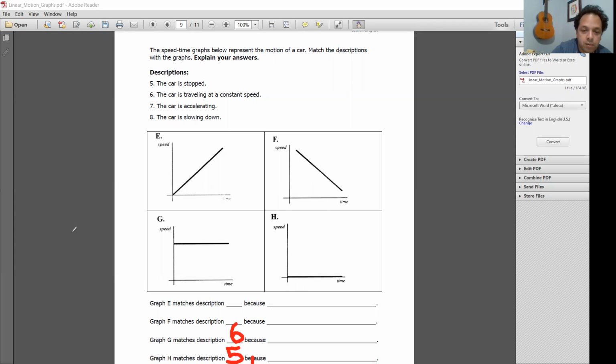Constant speed of 0. All right. The car is accelerating. That's where speed's getting faster, right? Where is the car accelerating? That's going to be E7 and F. The car is slowing down. Speed is going down. So that's F, which is 8.